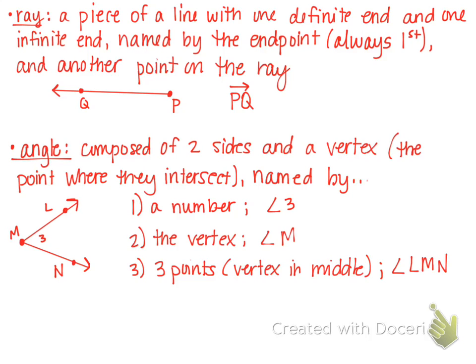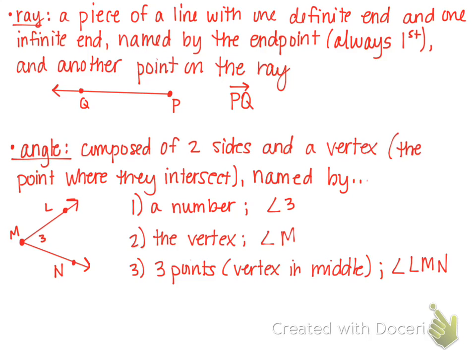But all that matters whenever you're labeling rays is that the first thing you name is the endpoint. So this one, my endpoint is P. That's why it's listed first right here. So we have ray PQ, and notice how above this one we actually have an endpoint and an infinite end. So that is ray PQ.